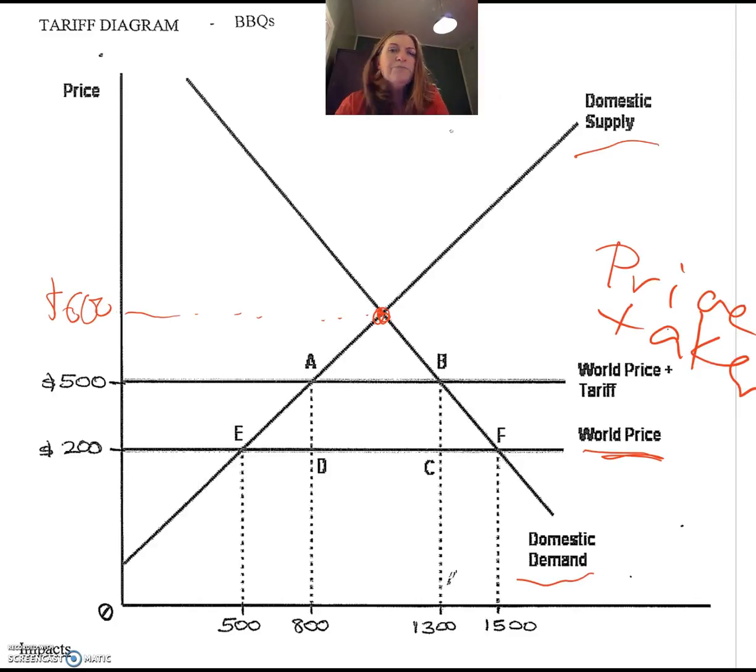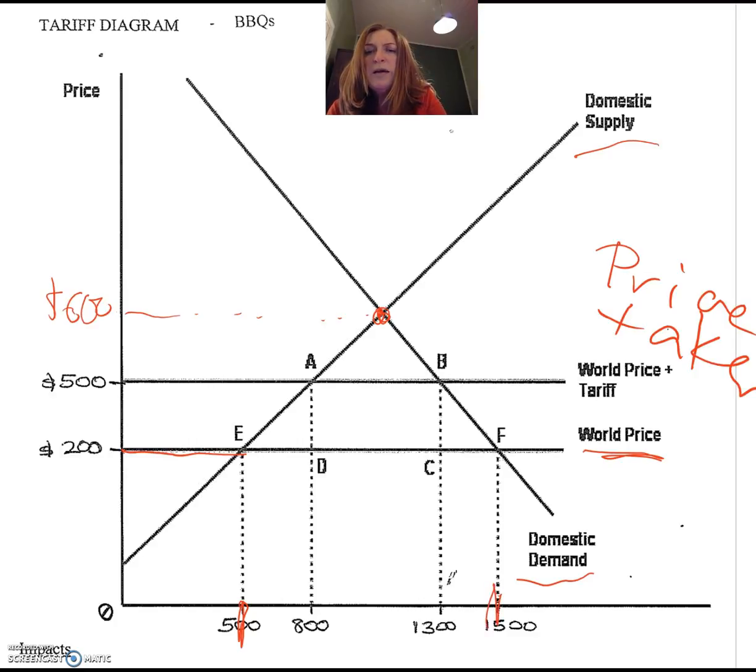At $200, you go across to the domestic supply curve and you see, well, at that price, domestic producers are only going to produce 500 barbecues. So there's only maybe one or two producers that will decide that they're going to stay in the market. But of course, at the lower price, domestic consumers are like, you beauty, I want to buy at that lower price.